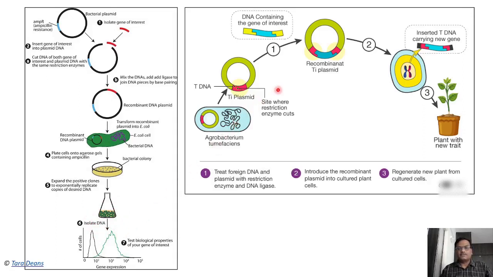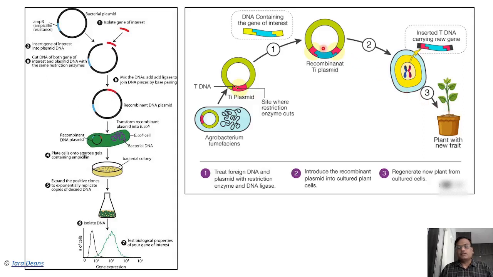So here is another example, where the gene is obtained from Agrobacterium tumefaciens. The Ti plasmid, with its T-DNA, is used here as a vector, and the gene of interest is introduced into a plant cell, right?